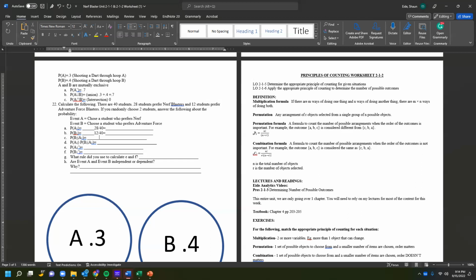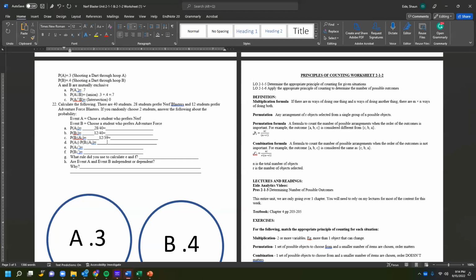So what you do right here is you do 12 divided by however many are left. The first person chose a Nerf blaster, so there's only 39 people left, and there's still 12 people that prefer Adventure Force, so it's 12 divided by 39. And so that's conditional probability.